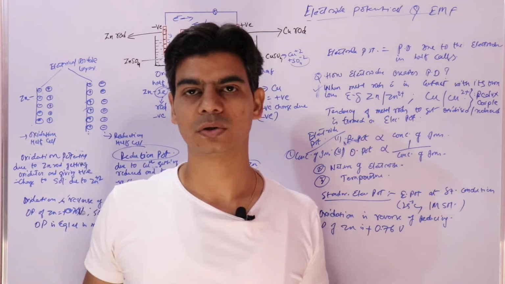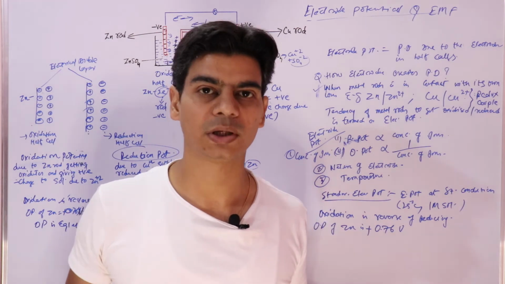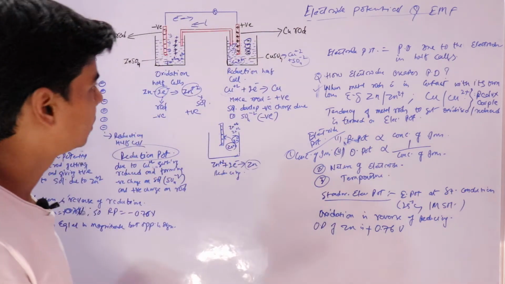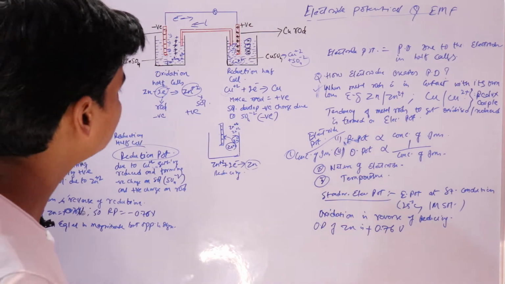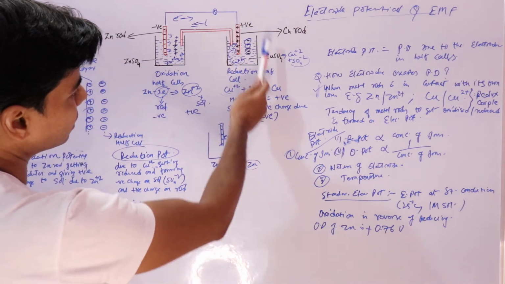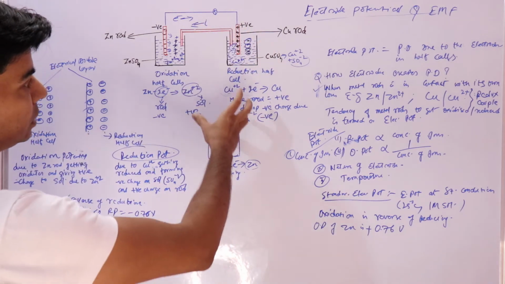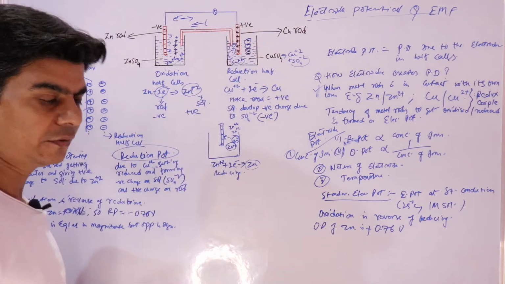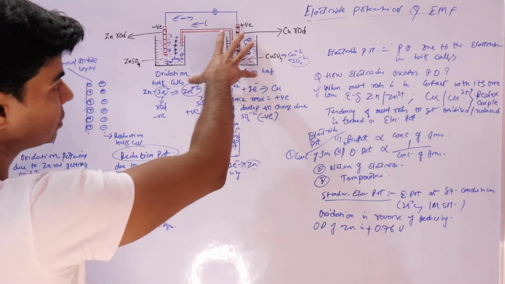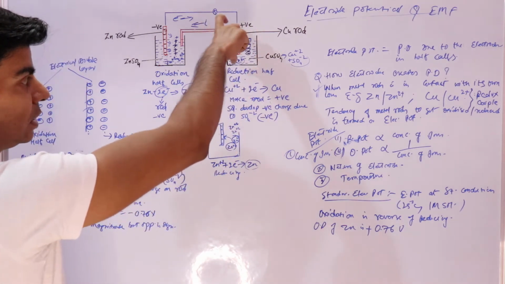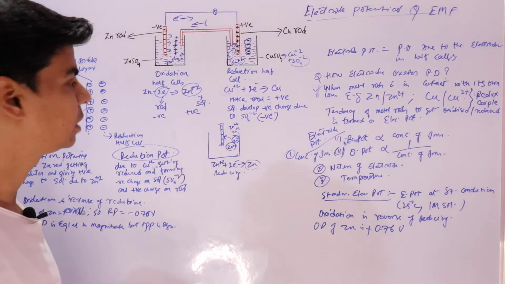And what is the cause of this potential difference? It's again the same explanation. We have reduction occurring in this reduction half cell, due to which this rod has become deficient of electrons. Deficiency of electrons means this rod will acquire a positive charge.